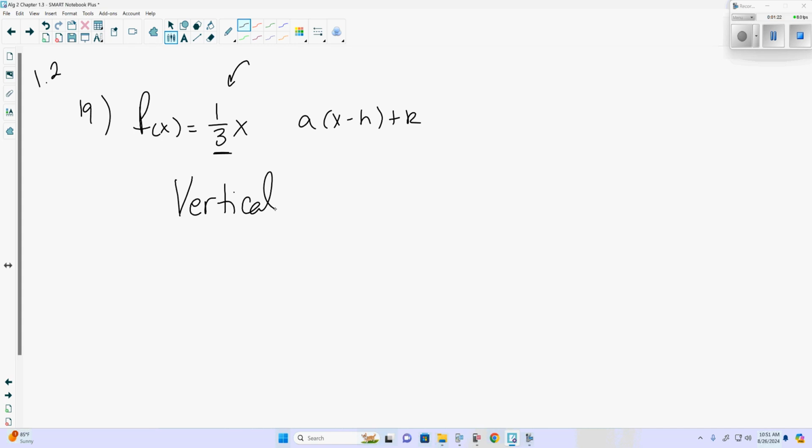Because 1/3 is between 0 and 1, it is a shrink. If a is greater than 1, it is a stretch.